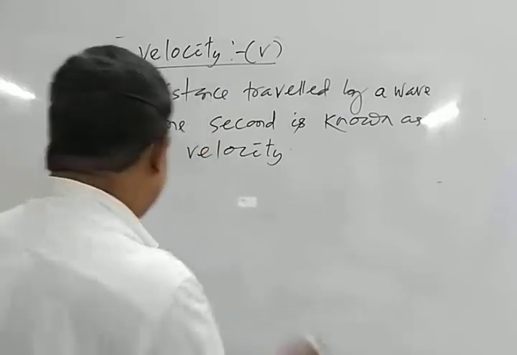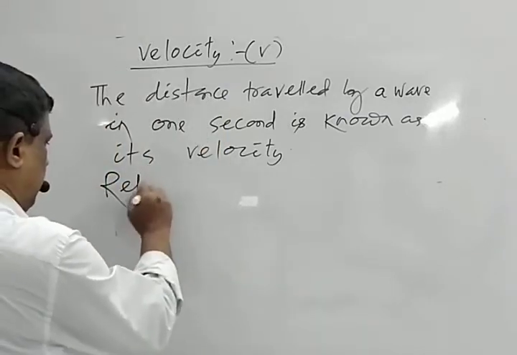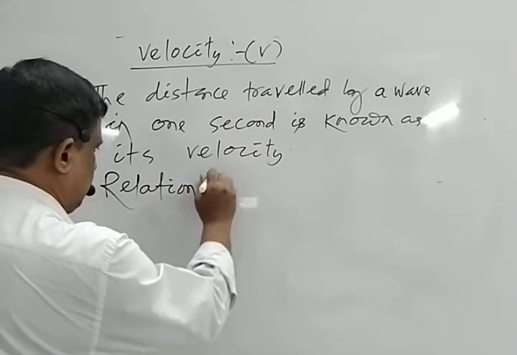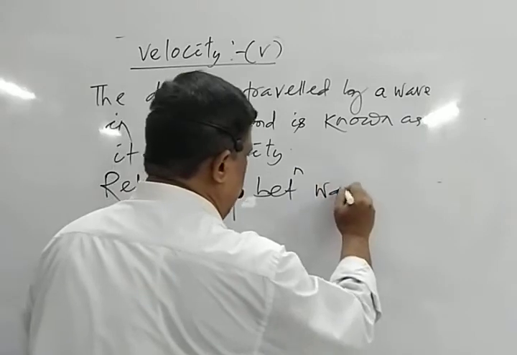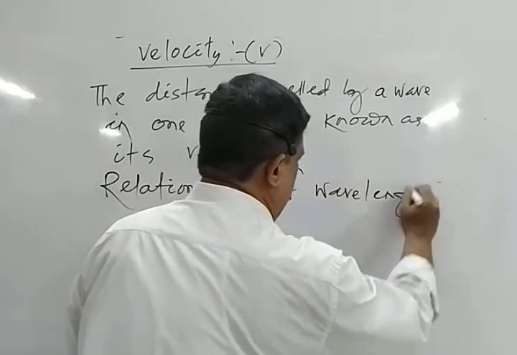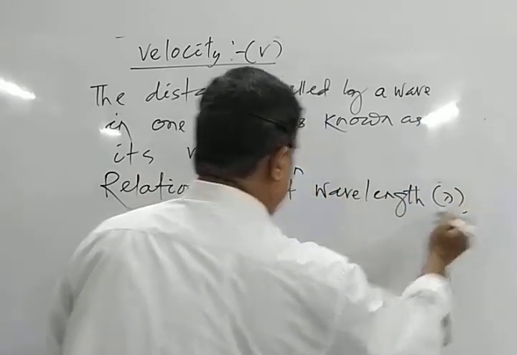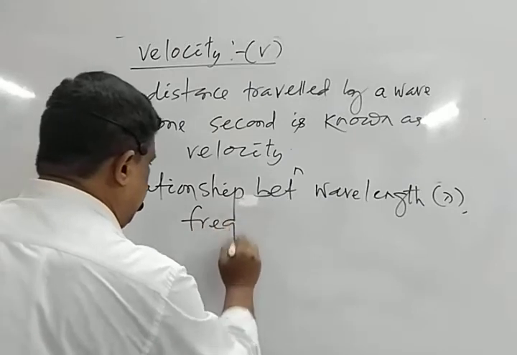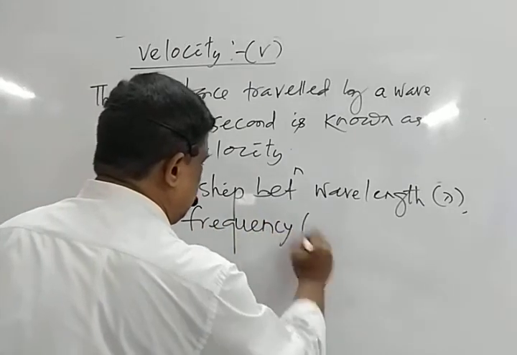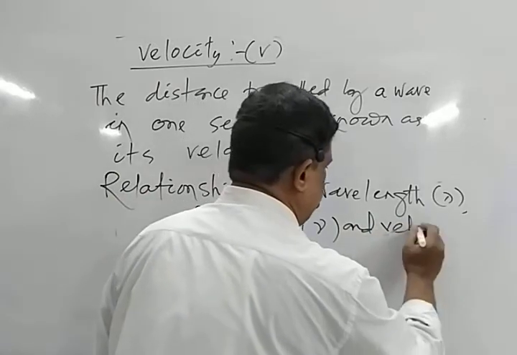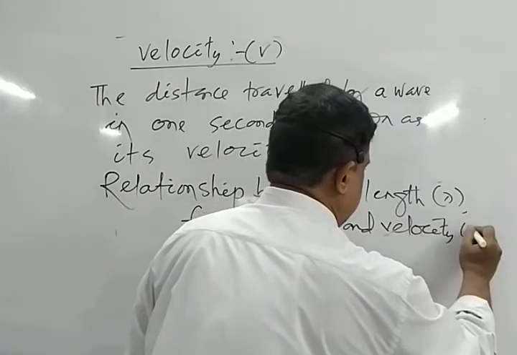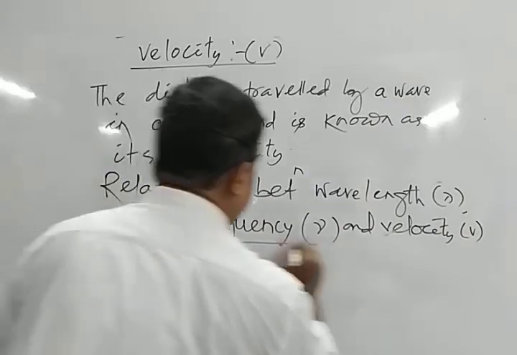Next we discuss the relationship between wavelength, lambda, frequency, nu, and velocity, that is V. This is the most important one.